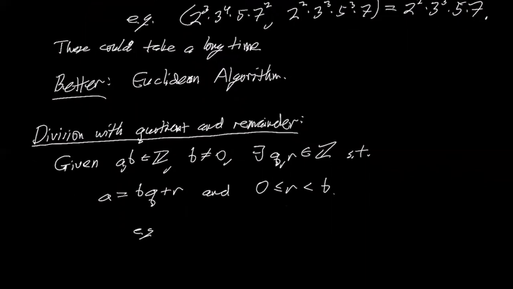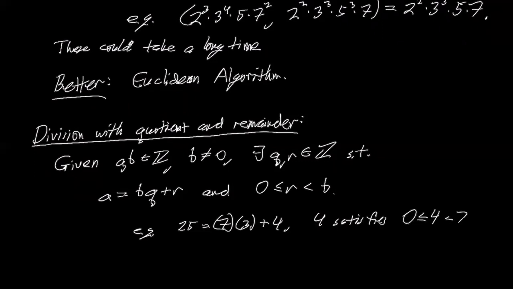Just as an example, 25 divided by 7. How many times is 7 going into 25? 3 times, with a remainder of 4. And 4 satisfies 0 less than or equal to 4 less than 7. Right? The 4 is a remainder.